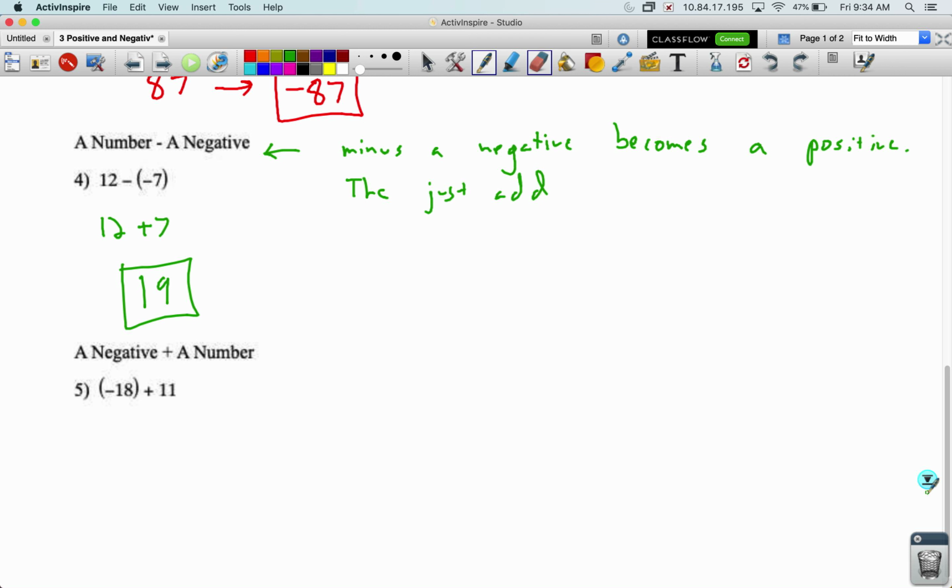All right, a negative plus a number. So a number minus a negative becomes just a positive. A negative plus a number, this is different.